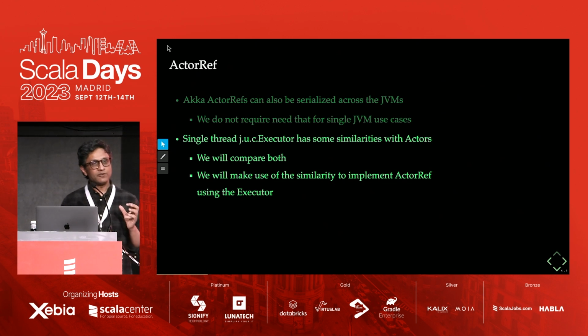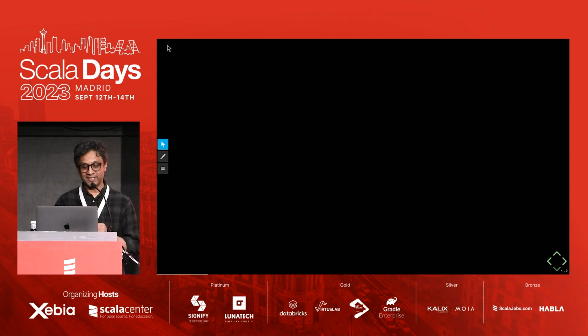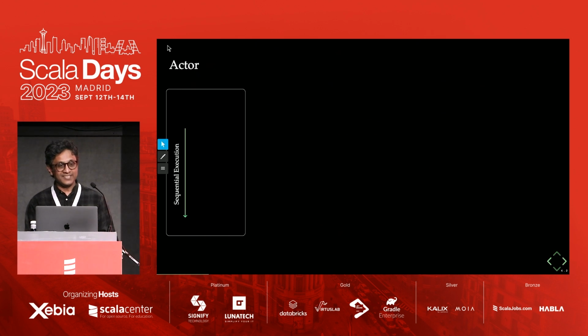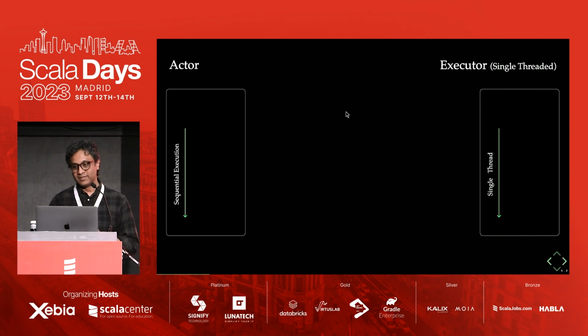And this executor has a lot of similarities with the behavior that we want to achieve. We'll compare what the similarities are, and we'll make use of this similarity to implement our pattern, taking a shortcut in a way. So in an actor you have this sequential flow, an island of sequential flow. That is the same for a single threaded executor, because you specified in the factory that you want a single thread associated with the executor. So all the tasks run on a single thread.